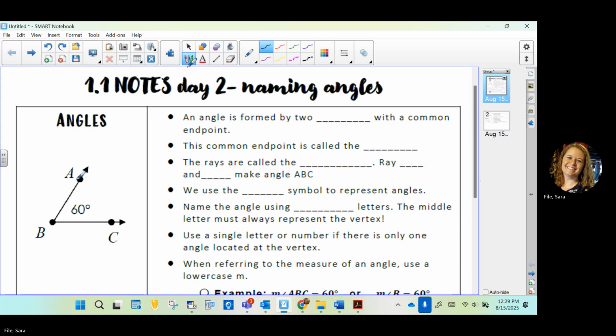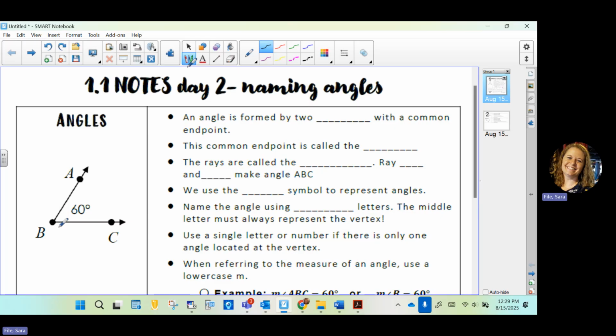So there's an arrow here, and if it stops at B, if it has an endpoint and an arrow, what is it? A ray. Somebody said it. So there's a ray on this side and a ray on this side, and they meet here at point B. That's what creates an angle.